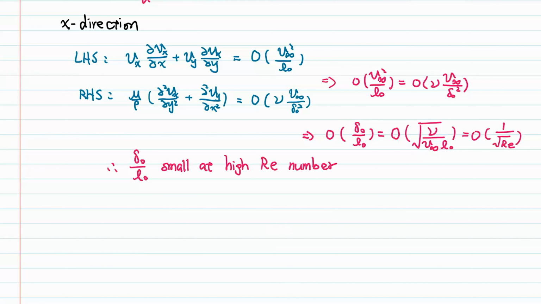And obviously we cannot forget that on the right-hand side we also have the term 1 over rho times partial p partial x, and that also should be on the same order of V infinite squared over L naught.